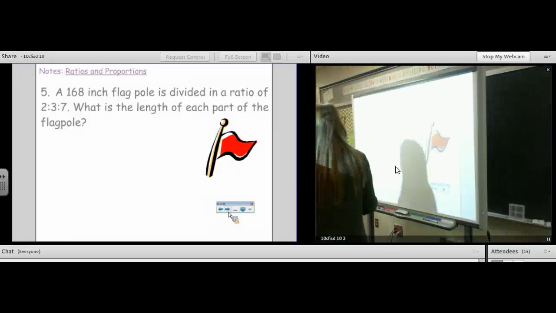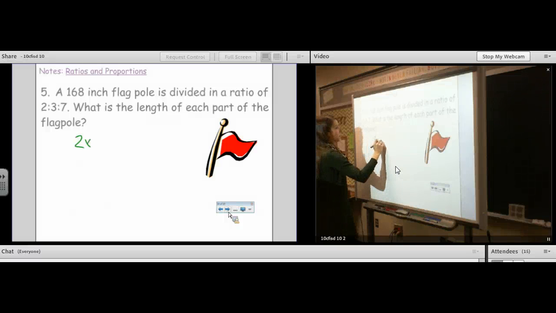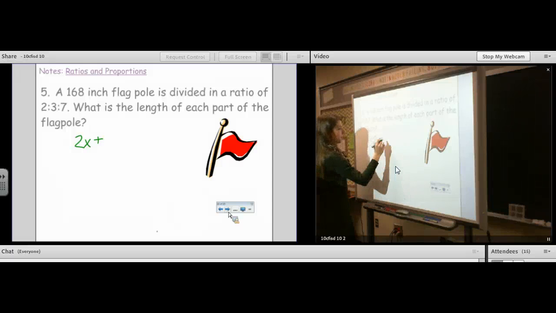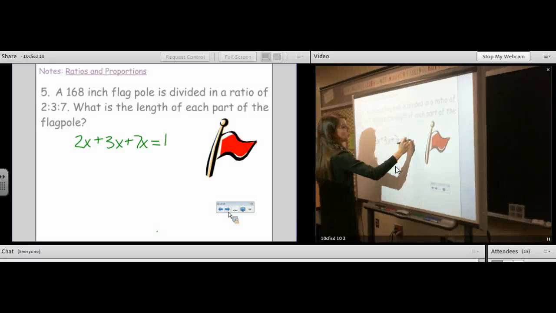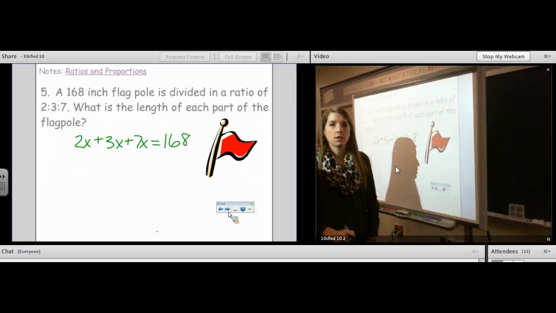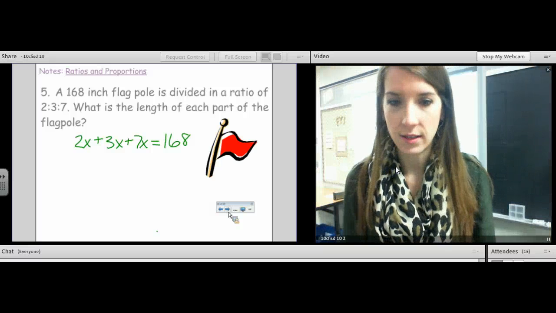So there's one number in the world that I could multiply each of these by, and then when I add them together, I'll get 168. So there's one number out there, 2x plus 3x plus 7x equals 168. So our ratio is 2x to 3x to 7x.